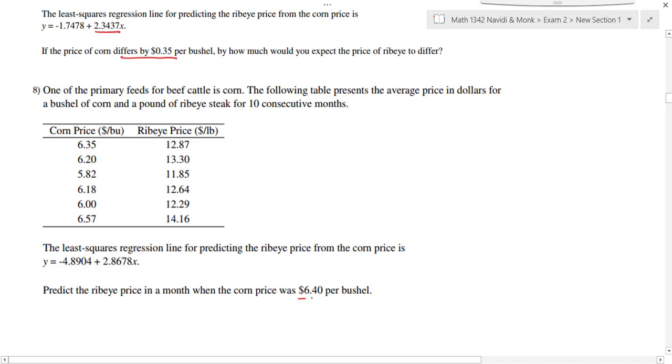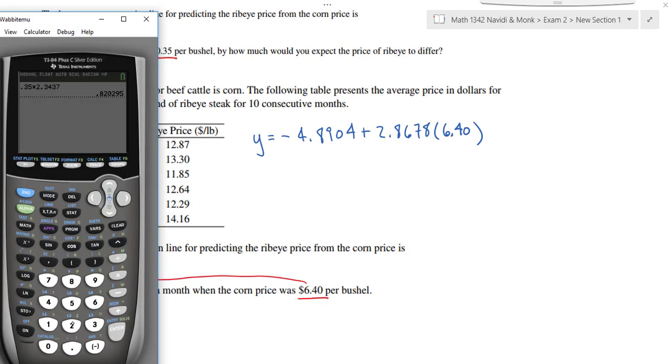They're giving me a price for the corn, and we were told that corn was X. That price gets plugged into this equation in place of x, and y, we are told, is the price of the ribeye. So when I plug this into my line, I end up with y, which is the price of the ribeye, equals negative 4.8904 plus 2.8678 times that 6.40. And I put this in my calculator.